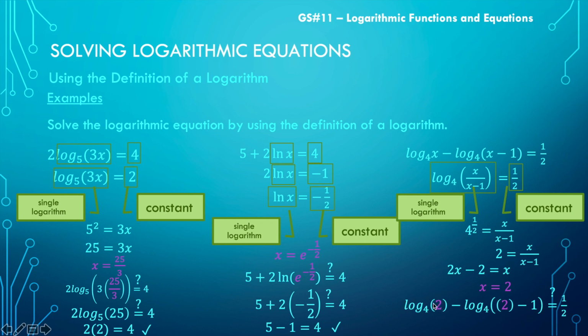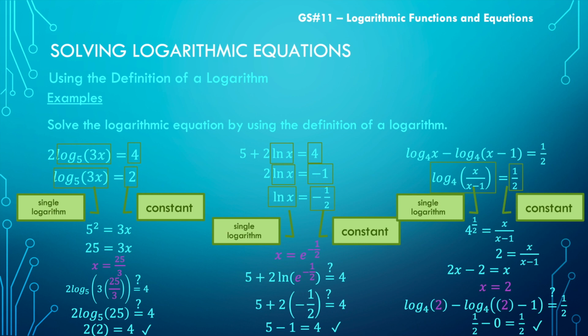So this part is 1/2. And then let's look at the second log. Log base 4 of 2 minus 1. Well, 2 minus 1 is 1. So log base 4 of 1. Anytime we take the log of 1, no matter what the base, we get a result of 0. So what I really have there is 1/2 minus 0. And that does indeed equal 1/2. So I am good to go here.